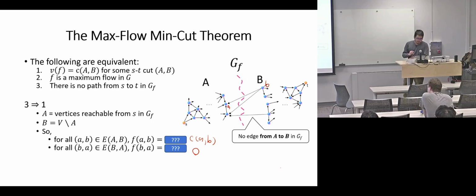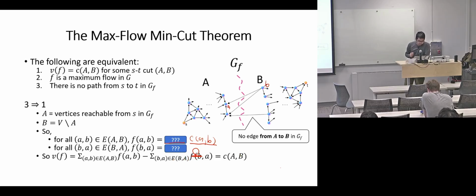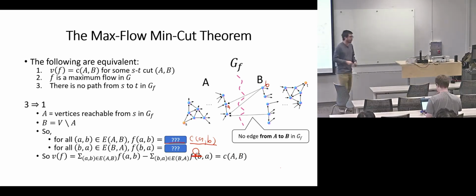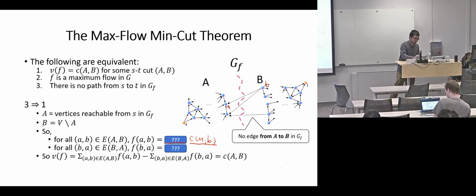But what we have here is that every edge here is at full capacity, and every edge here is 0. We know before that the value of the flow is the total flow out of the cut minus the total flow into the cut. This term is 0.